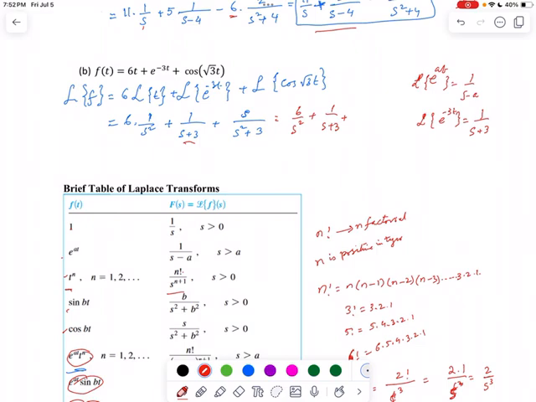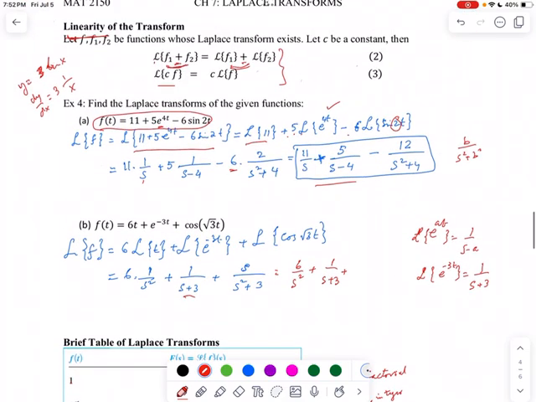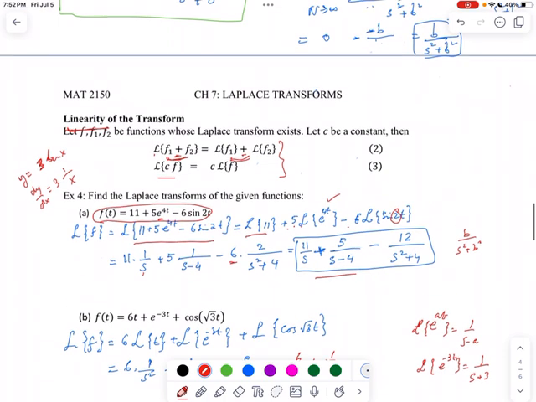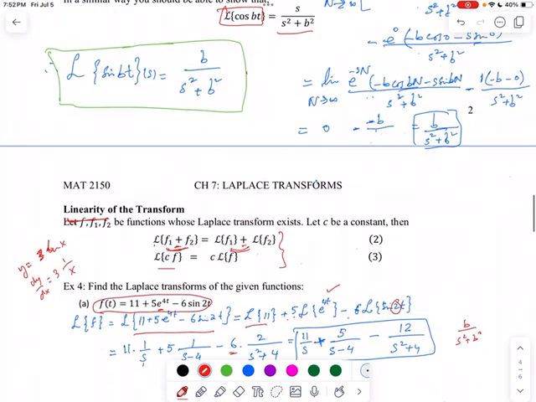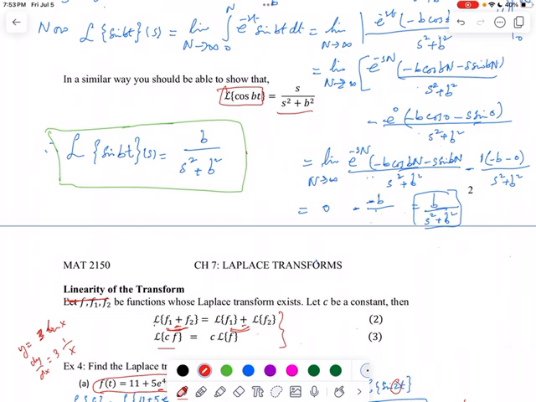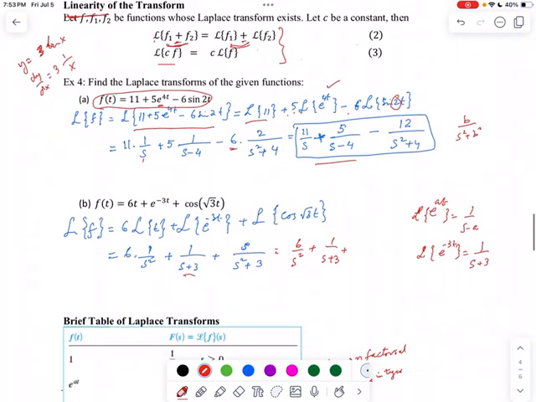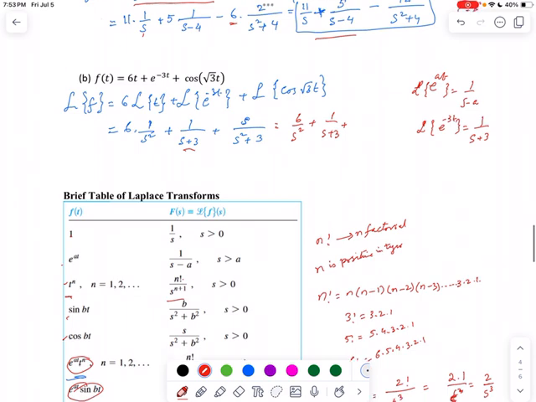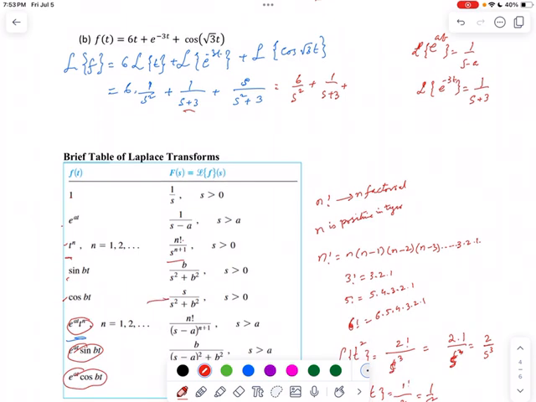Plus, next is cosine of 3t. I just showed you the Laplace transform of cosine bt, or you can look in here. So what is the b here?